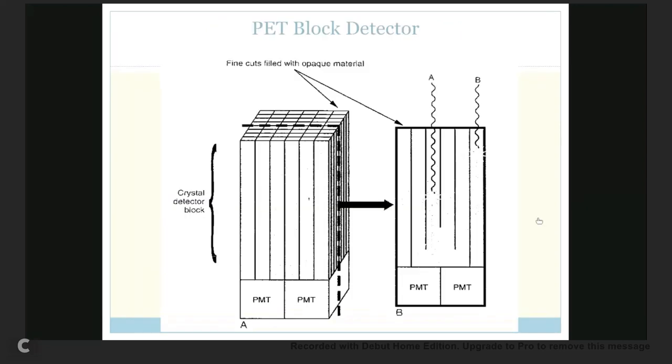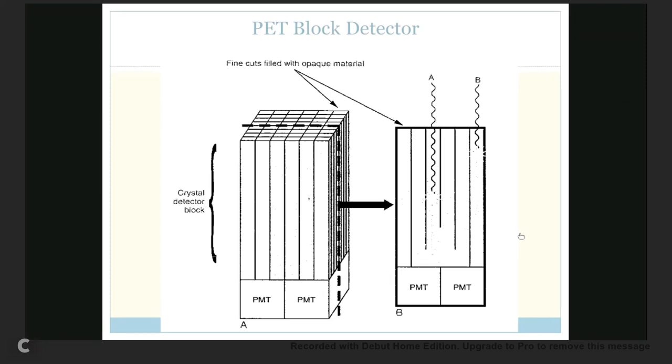This is what a block would look like. So you have your crystal detector block, right? Here you have, let's say, 1, 2, 3, 4 on top, and then you have these going down the side. Each block here is associated with a PMT. It's the same concept as the gamma camera. The only difference is that it has blocks.